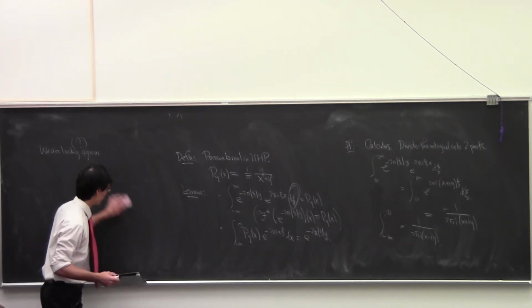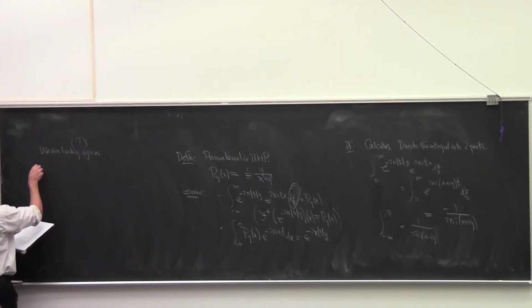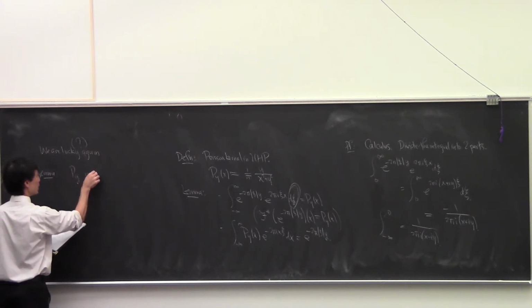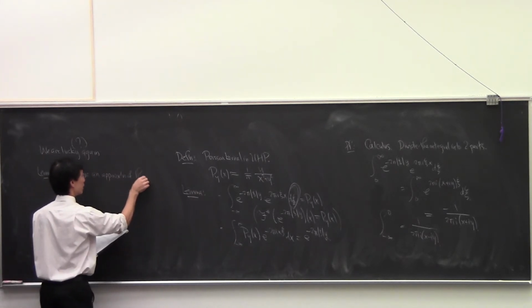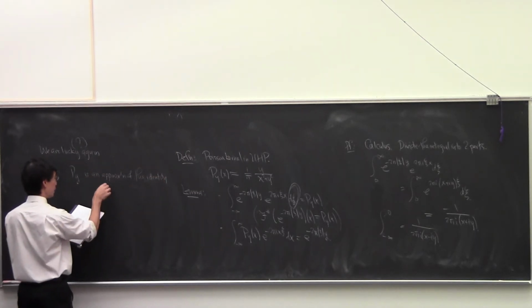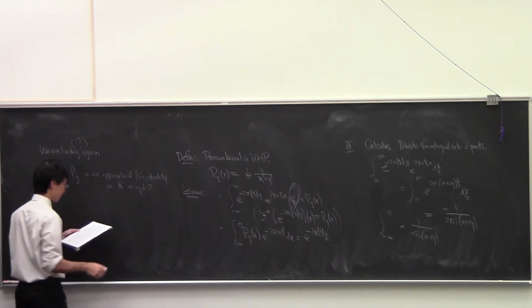Under what conditions does this happen? We're lucky again to have the following phenomenon occurring: the Poisson kernel is an approximation identity. The Poisson kernel is a good kernel on R as y goes down to 0.